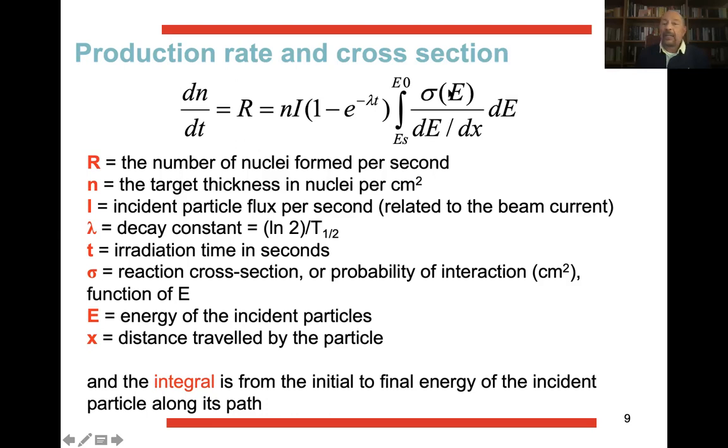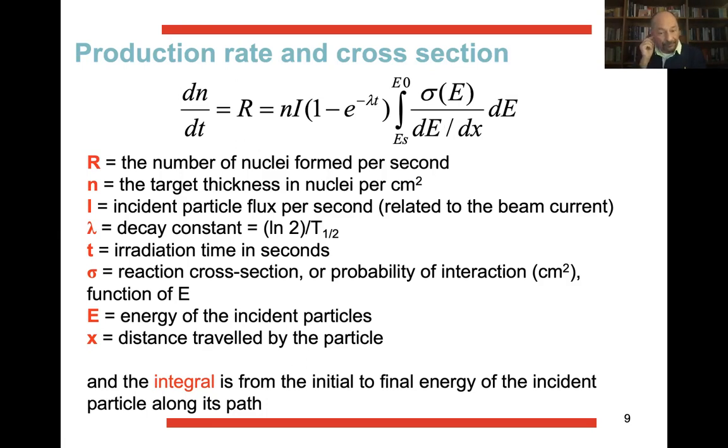And then you have an integral of the reaction cross-section, which of course you have to know, divided by the energy loss per unit track, the LET of the beam, if you want.